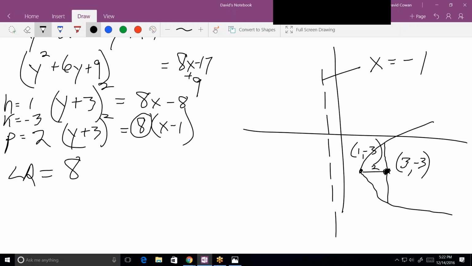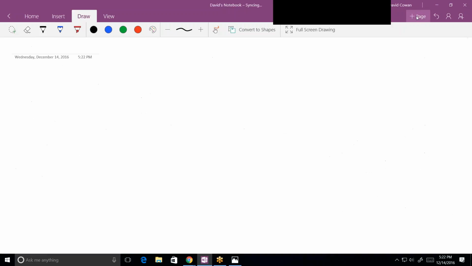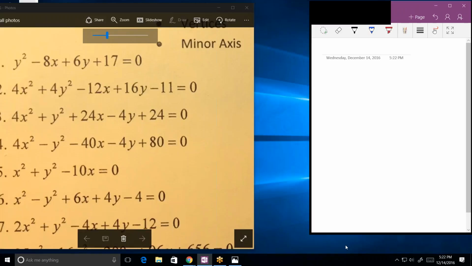That's what latus rectum means, that's what focal width means. You draw a line parallel to the directrix going through the focus, and the length of that line. Is that all they ask for on this one? Yeah, that's all they ask for on a parabola. The vertex, the directrix, the focus, the latus rectum. Now, let's try to get in one more here.